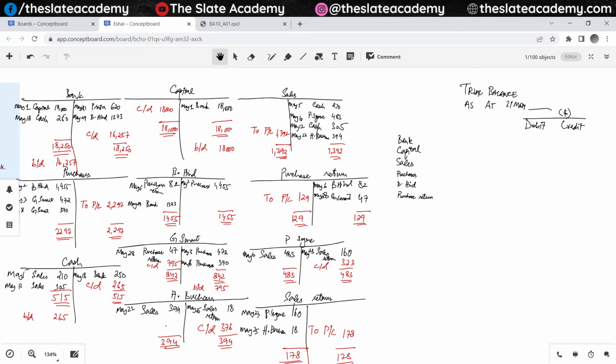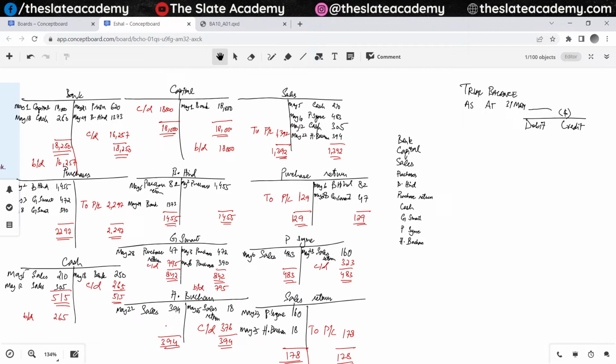Then I have cash, G Smart. Have you watched the movie Get Smart? There's a movie titled Get Smart. Peace sign. H. Bachchan.